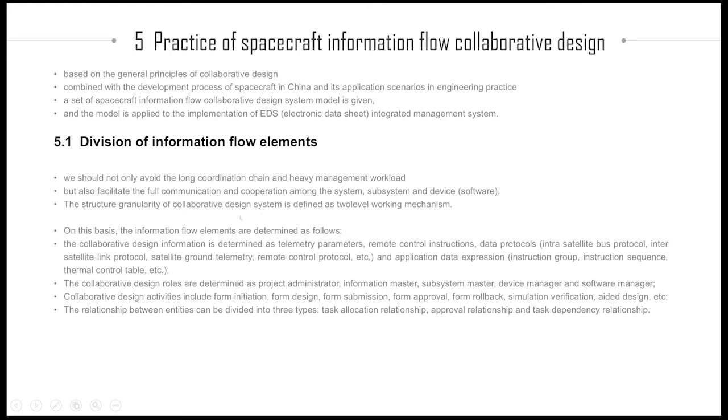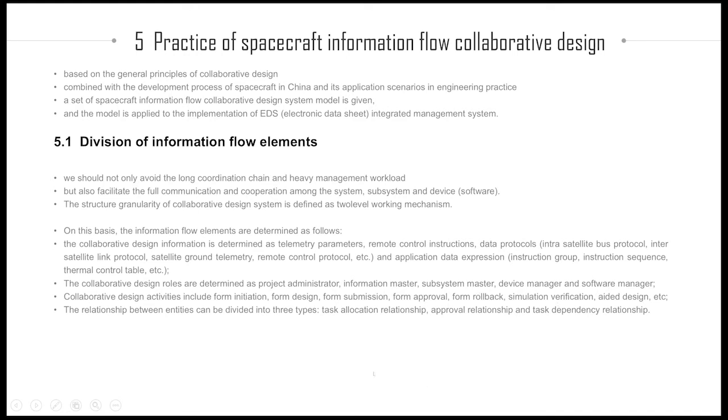On the 3 bases, the information flow elements are determined as follows. The collaborative design information is determined as telemetry parameters, remote control instructions, data protocols, and application data expression. The collaborative design roles are determined as project administrator, information master, subsystem master, device manager, and software manager.